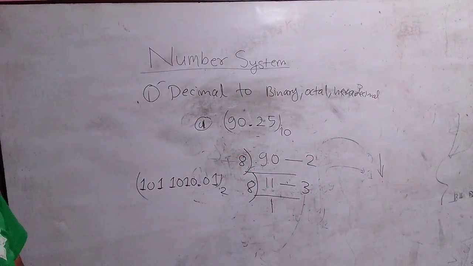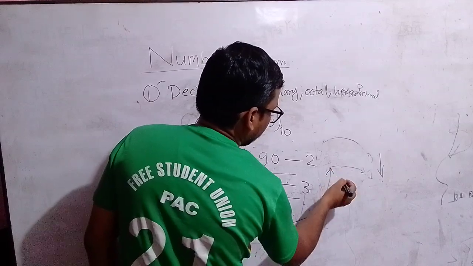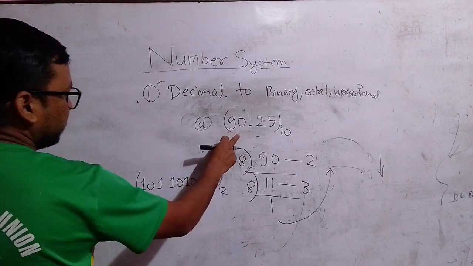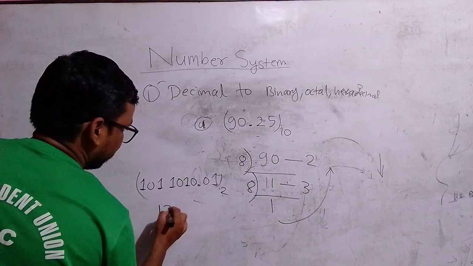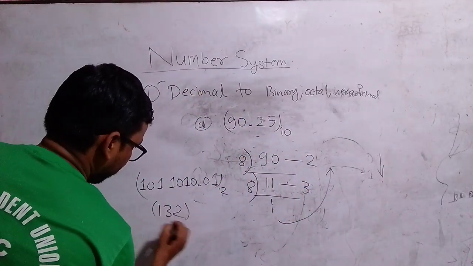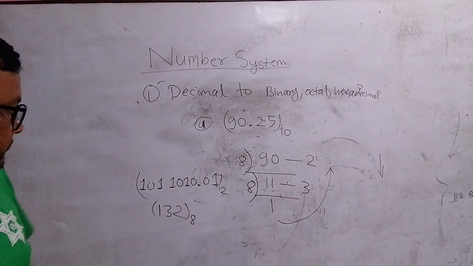Now we need to organize this from bottom to top. That means what would be the equivalent of 90 in the octal number system? 132. 132, and how to write it? We need to write base 8.